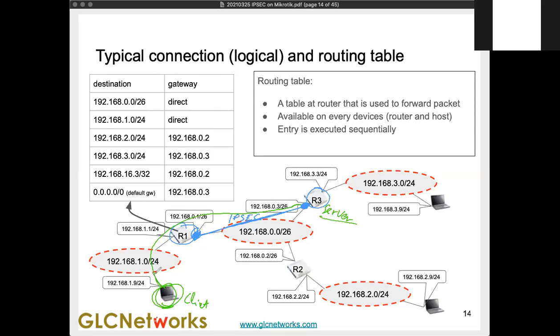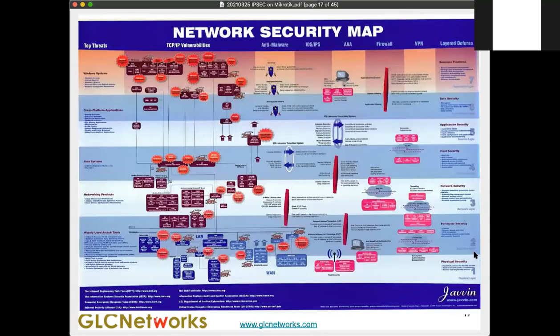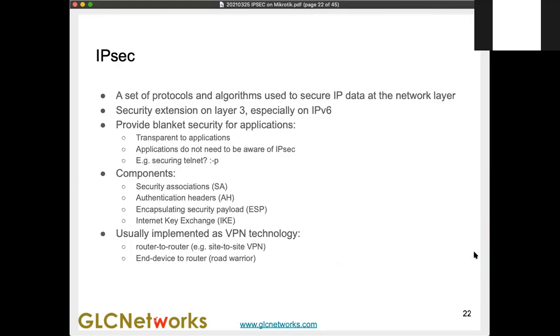This is also IPsec. That's the implementation of IPsec. We'll be talking about this in tunnel mode and header mode. Hopefully you can understand that.